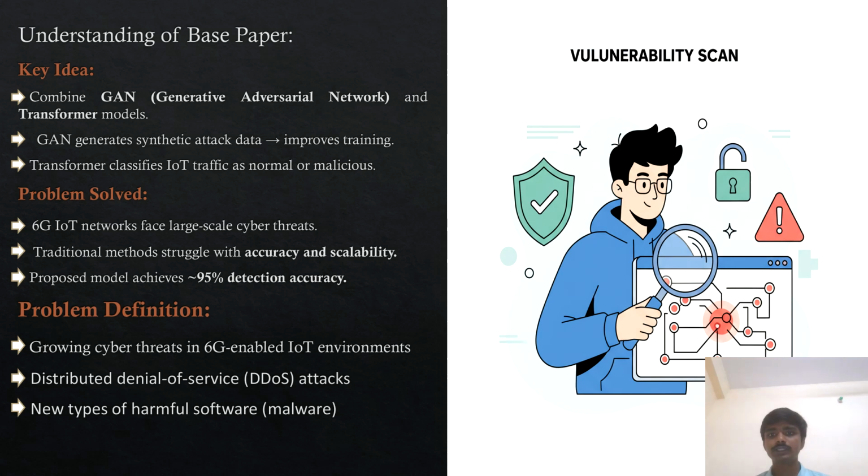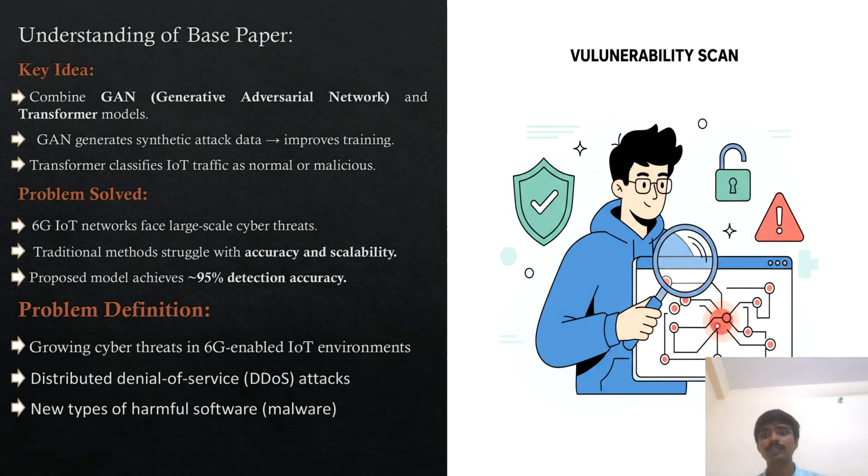The project introduces a hybrid approach that combines the GAN and the transformer for cyber threat hunting. GAN is a generative adversarial network which is used to create synthetic attack data by using normal data. This helps the model train and explore many different attack scenarios.